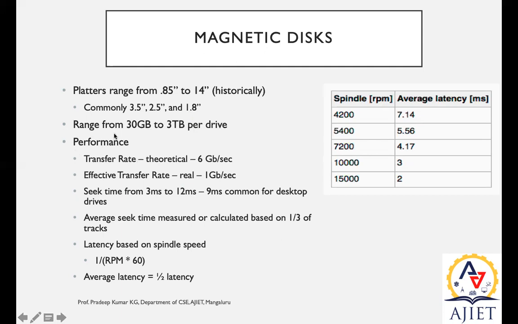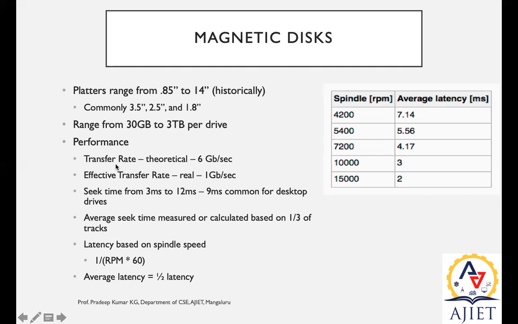And then, how is the performance measured? Performance of each individual magnetic disk can be measured in terms of transfer rate. In general, we may say this transfer rate is theoretically 6 GB per second.